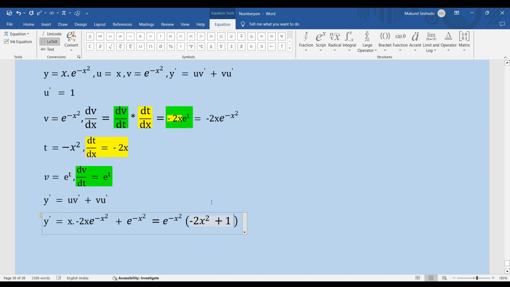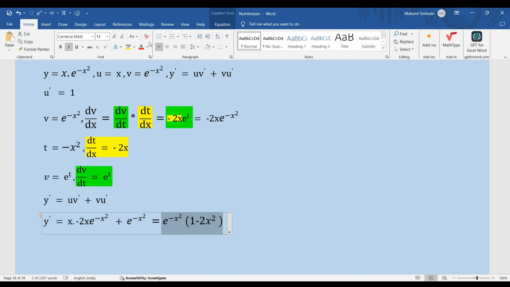And probably a better way of writing this will be 1 minus 2x square, right? So we have the final answer here through product rule, e to the power minus x square into 1 minus 2x square, right? So let me highlight that in pink. Yeah, so there we have the final answer.